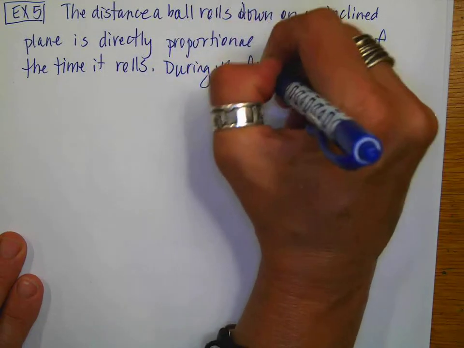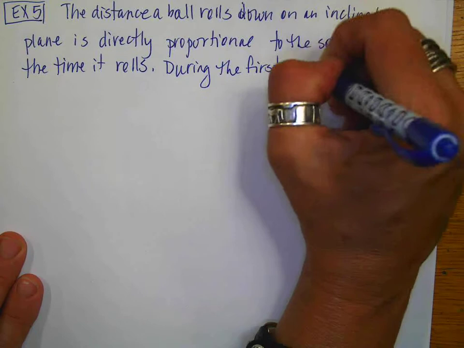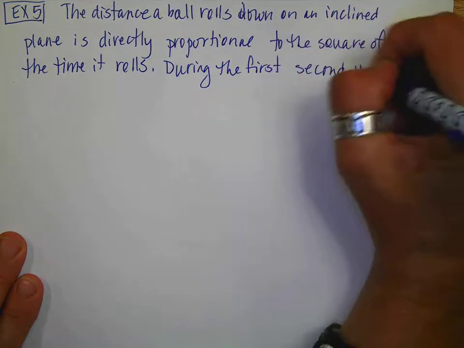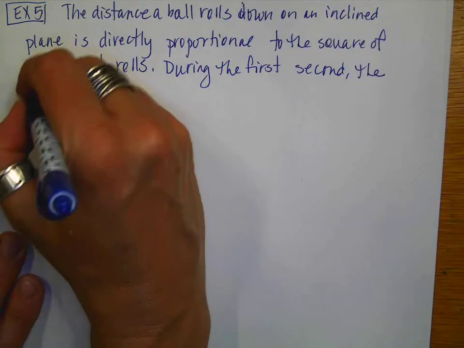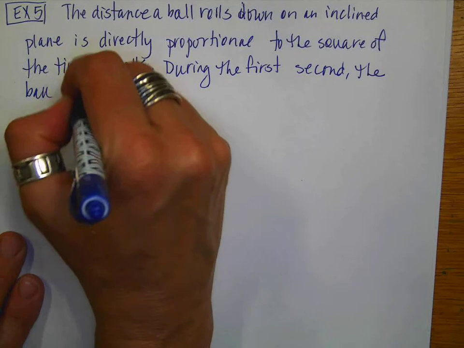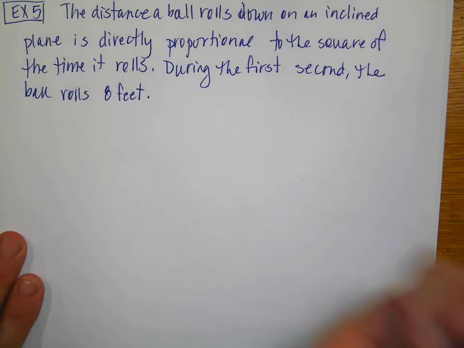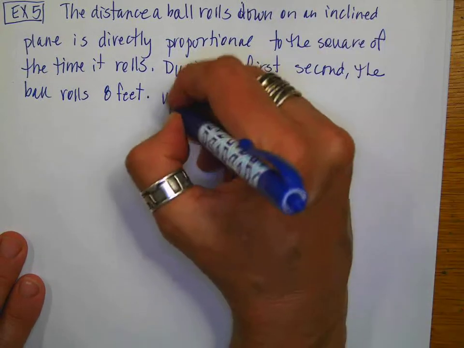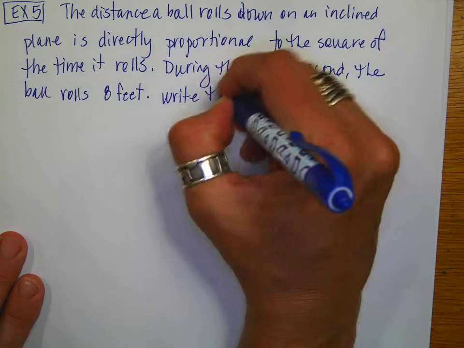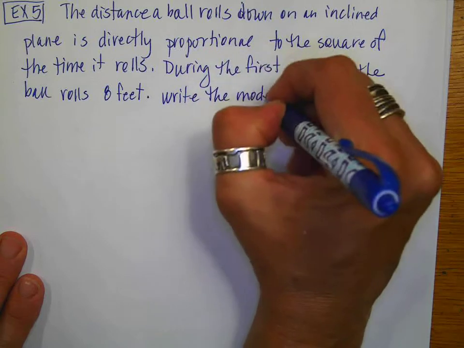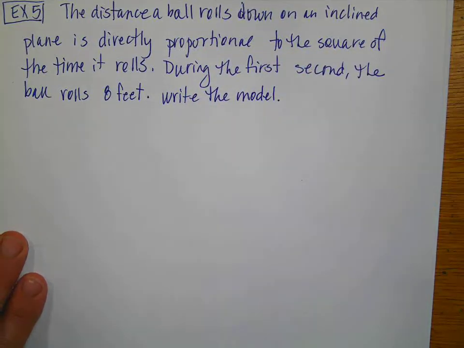Whew. During the first second, the ball rolls 8 feet. Okay, so in this particular word problem, we want to write the model.